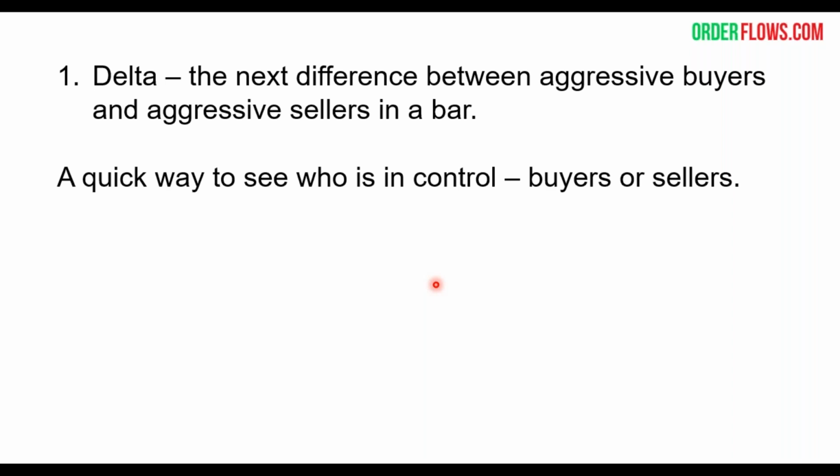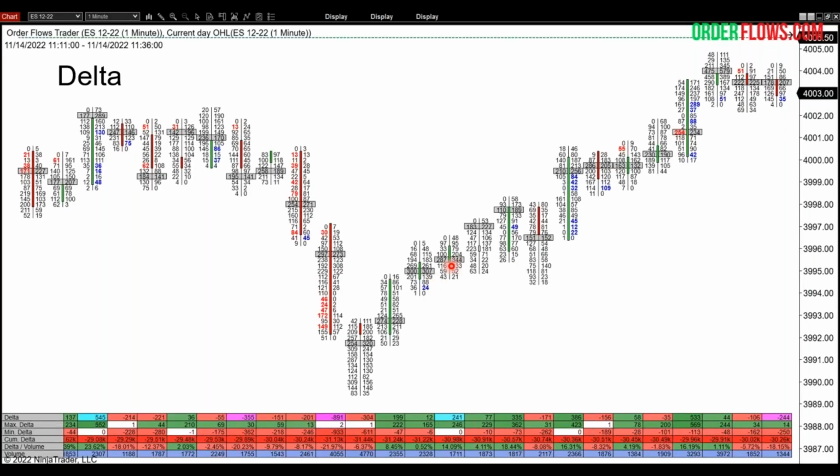And you want to see, are traders taking a position because maybe they think the weather is going to change, or the inflation number is going to change, or the job number is going to change, etc. And delta's a quick way to see who's in control, the buyers or the sellers.